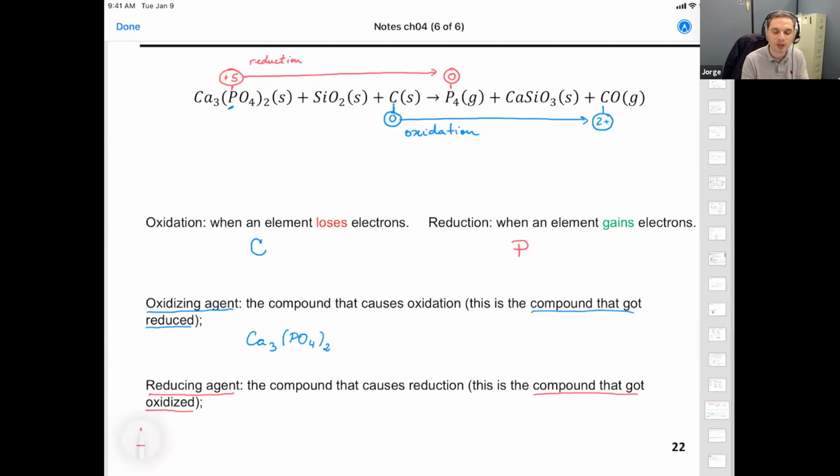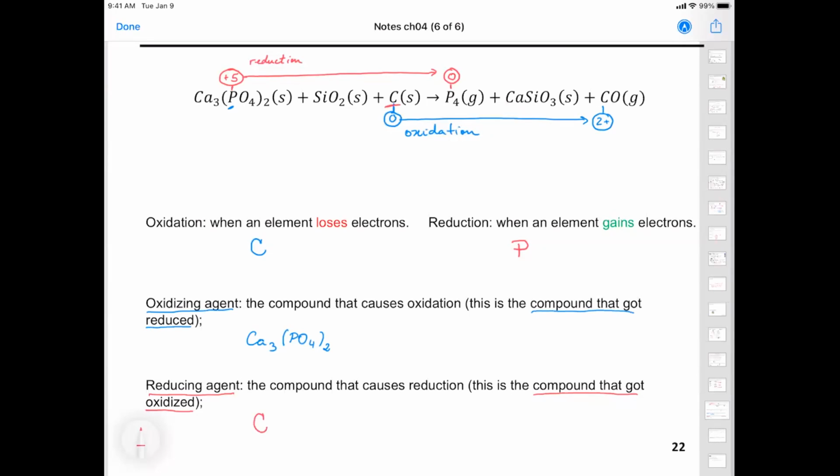Therefore, the reducing agent is going to be the whole molecule that has carbon in the reagent side. And in this case, it is simply carbon right here. So carbon by itself. Imagine the reducing agent as the compound that had to lose electrons to reduce someone else.